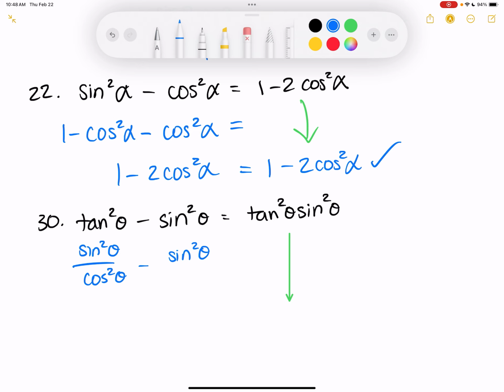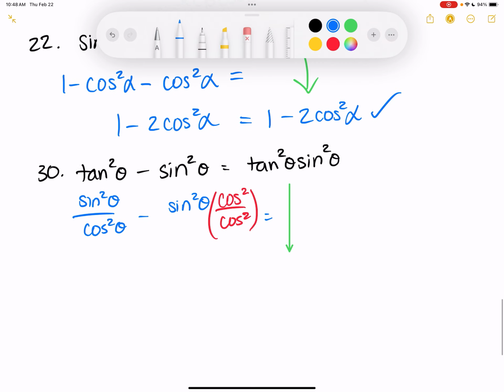So what would I need to do now? Possibly the common denominator. Yeah. So let's multiply this one by cosine squared. So I'd have sine squared theta minus sine squared theta cosine squared theta over cosine squared theta.